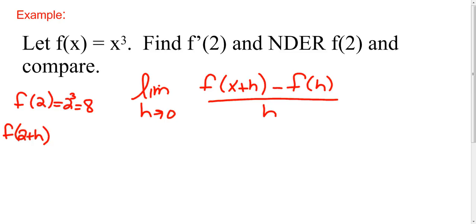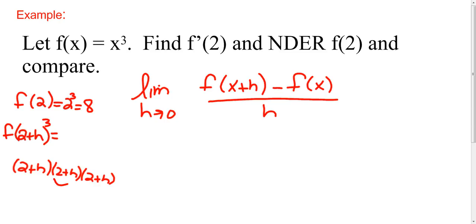Sorry, this should be f of x, not f of h. Sorry about that. Anyway, so my f of x is f of 2 in this case, 2 cubed, which is 8. F of 2 plus h is 2 plus h cubed, okay? I'm not going to take the time to do that, but you really would have to take 2 plus h times 2 plus h times 2 plus h.